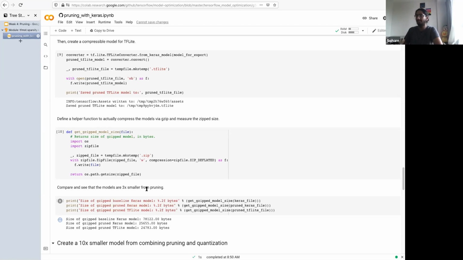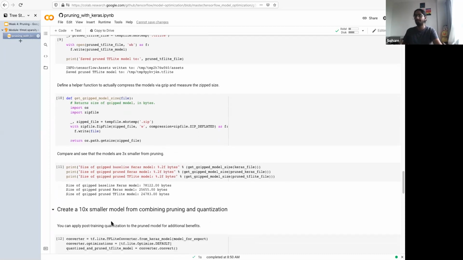I'm not sure if TensorFlow is actually still storing zeros in FP32. I'm not sure about that. But if they are, then that's also an area where a lot of extra space will be taken up. So we're dependent on the underlying implementation to actually see the advantages that pruning can give.